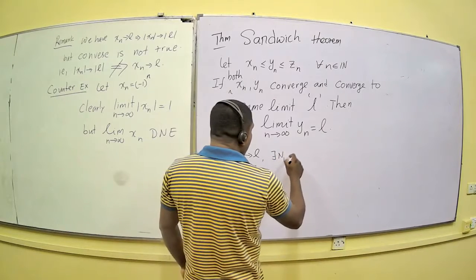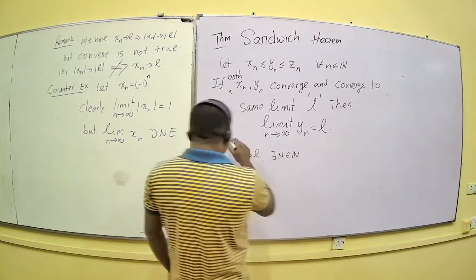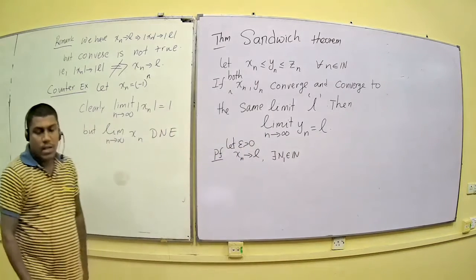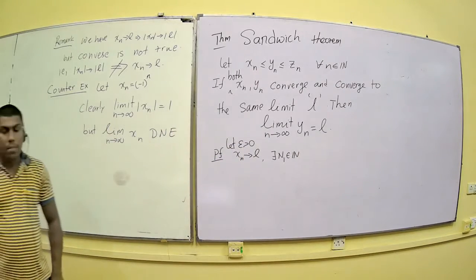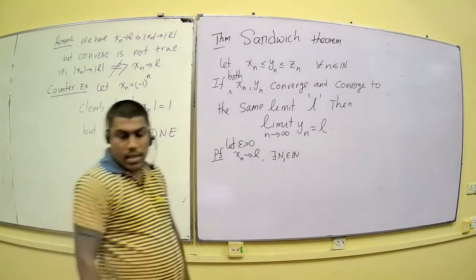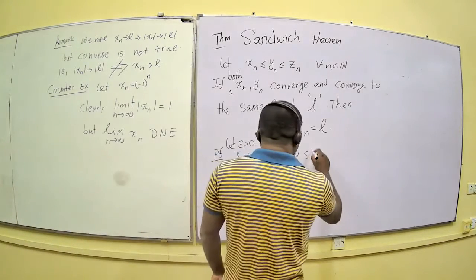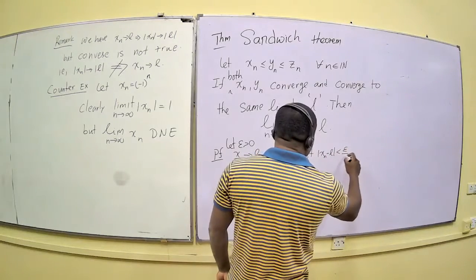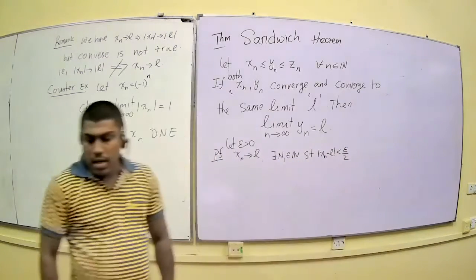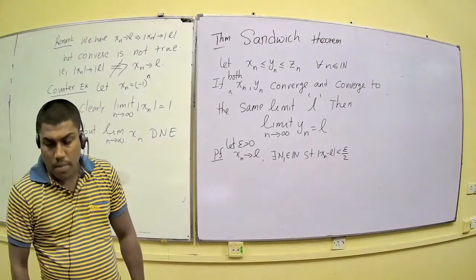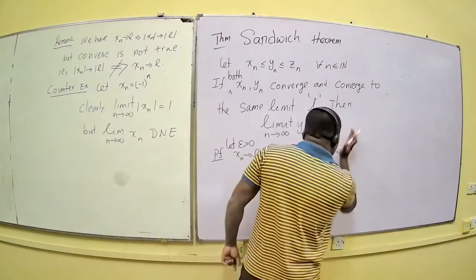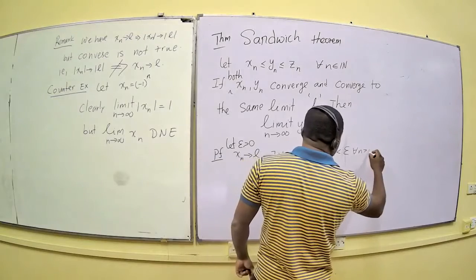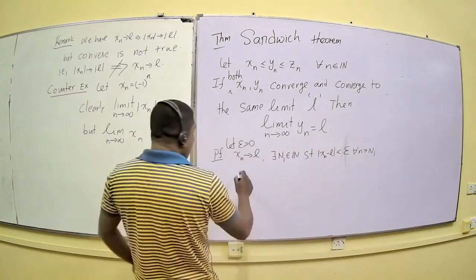So let epsilon be positive. You always start with an epsilon positive. There exists n1 such that |xn minus L| is less than epsilon over 2 maybe. It doesn't matter, I can put it as epsilon. Let's keep it as epsilon, for all n greater than n1.